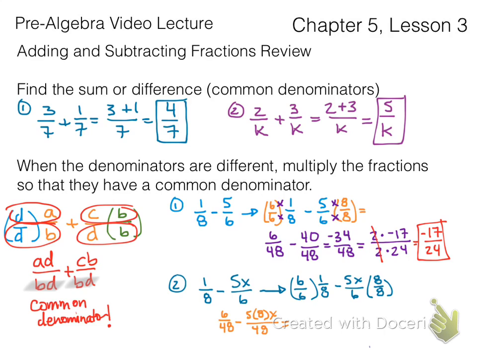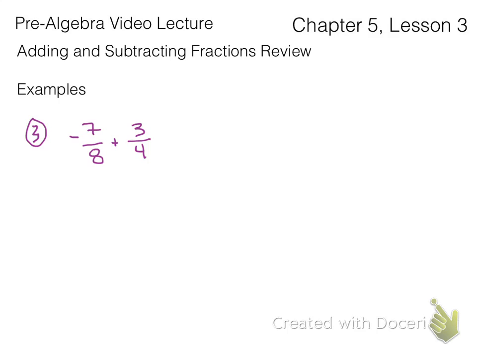Well, let me use a different symbol for multiplication. 5 times x times 8, which is going to give me 6 over 48 minus 40x over 48, and the denominators are the same, but the numerators are not like terms. 6 is a constant, 40x is a term that has a variable. So you know what? I can't subtract them, so the numerator stays 6 minus 40x. All right? Cool.